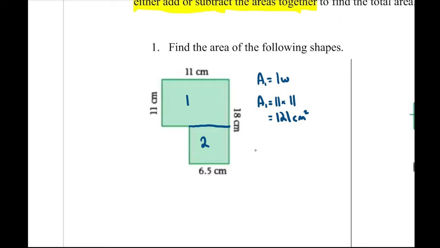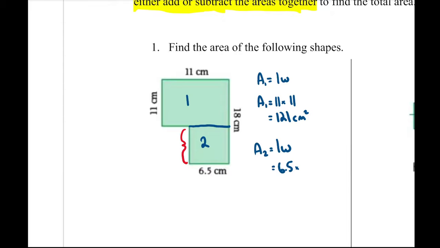For the area of the second shape, or area 2, again, it's a rectangle or a square, so I can do length times width. Here I have one measurement, which is 6.5 centimeters. But I need to multiply that by another one, and I'm not sure what this measurement is yet.